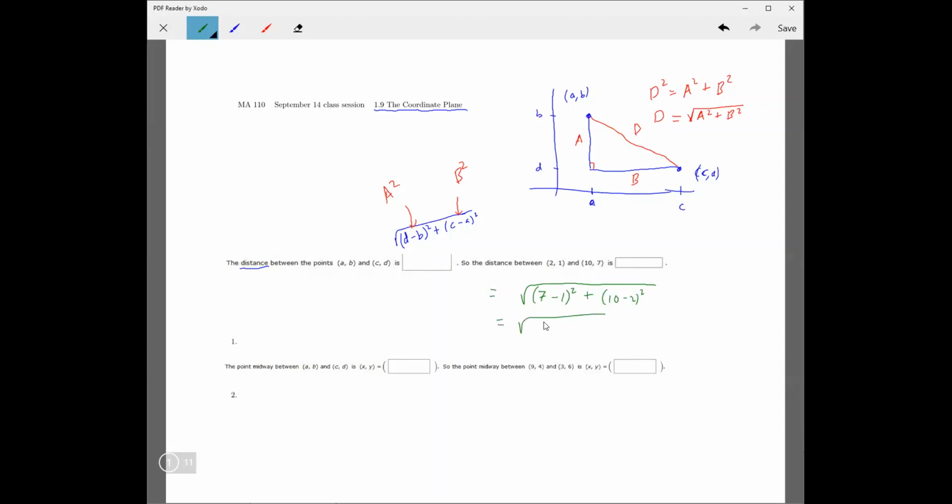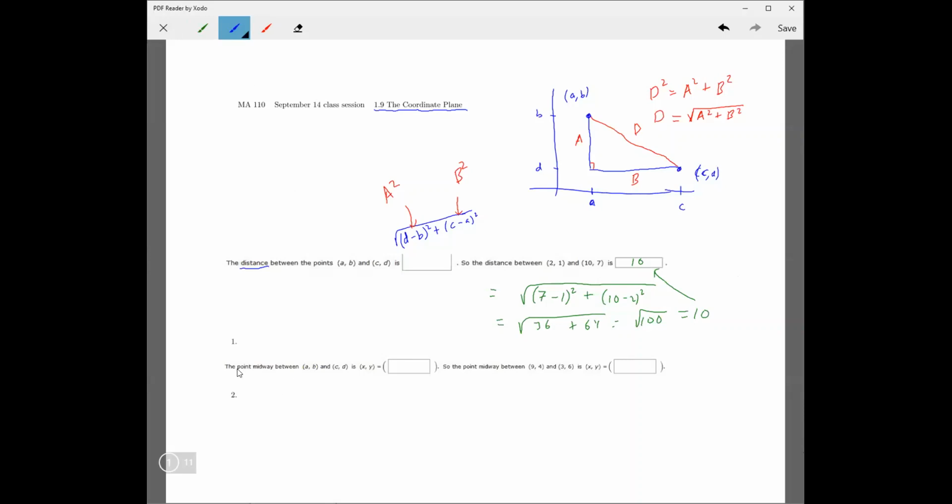So that's going to be the square root of, this is 6, that's 36, and this is 8, which is 64. The square root of 100, whoa, it's just going to be 10. So 10 is the answer right there. So that's the distance formula.